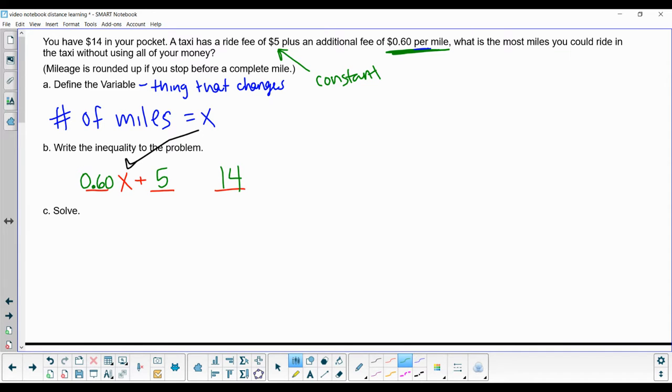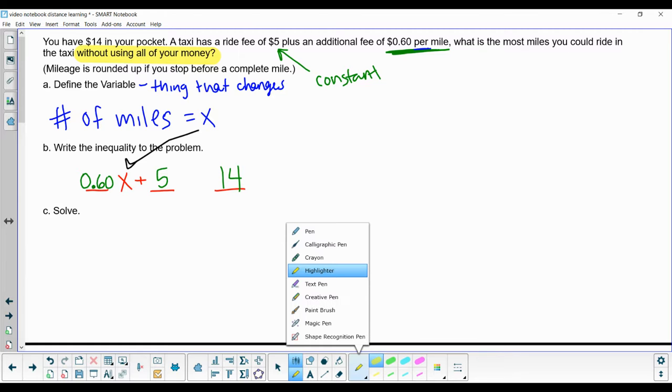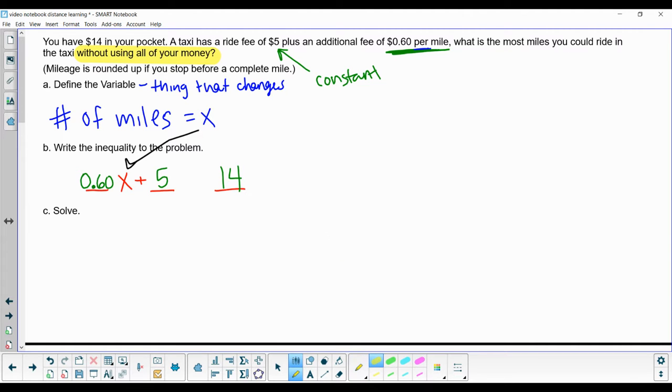If I come back up to the question, it said, what is the most miles you can ride in the taxi without using all of your money? So I don't want to use all $14. I want to use less than $14. So, just so you can see it a little bit clearer, 0.60x plus 5 is less than 14.